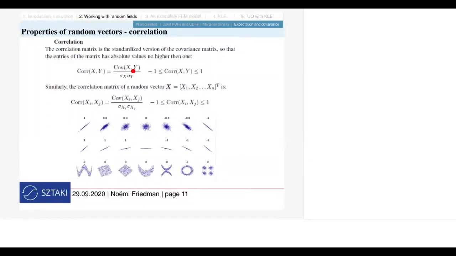And when I divide the covariance matrix by the standard deviations, I get the correlation matrix, which has ones in the diagonal and some values in the off diagonals. The off diagonals show how correlated the different pairs of random variables are. So this doesn't mean that if it's 0, then they don't depend on each other.